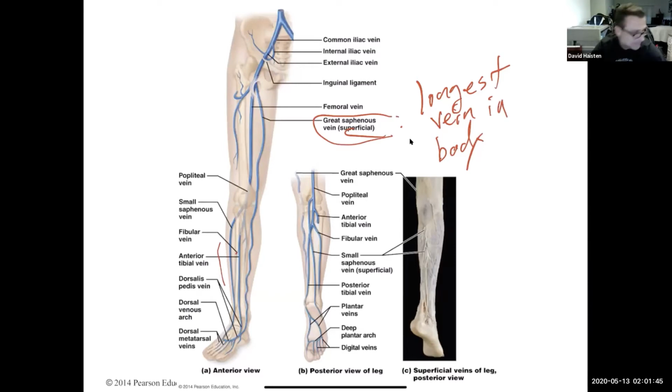A bypass, they cut a piece out of the saphenous vein and then attach it up on your heart. That's a coronary bypass. So they take a piece out of this great saphenous vein. So this great saphenous vein, it's superficial. It's all along the medial aspect of your lower limb.